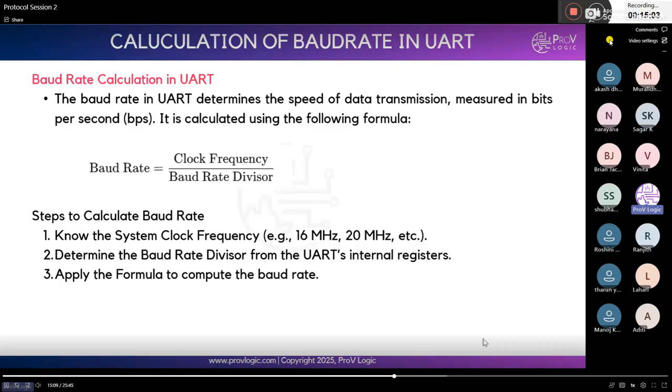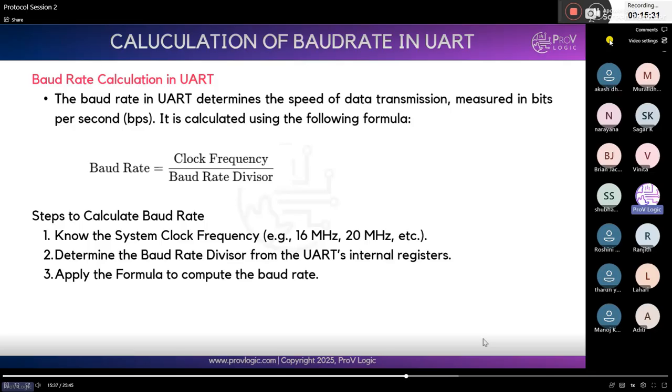How can we calculate the baud rate? Baud rate is nothing but clock frequency divided by baud rate division. You may get the doubt: here we don't use any clock, right? Then what is meant by frequency? There will be no common clock between the transmitter and receiver, but the transmitter has a frequency and the receiver has a frequency.